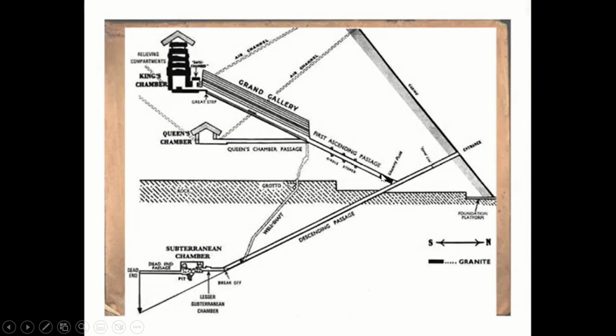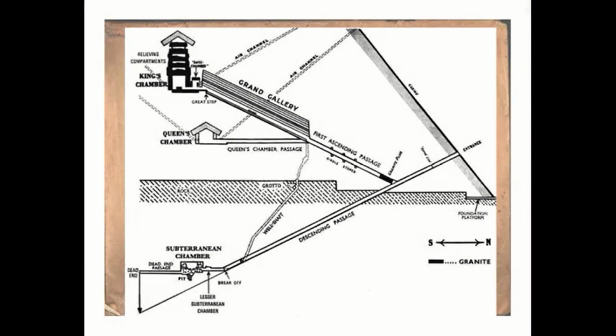The real passage was actually blocked by a big, giant granite block. It was like a plug to keep people from looting it, and they got looted anyways, but I'm guessing later pharaohs, or people that really were taking their time, went in and actually looted the tombs, because the fact that it was blocked off would have been an incredible amount of work to try and unblock.